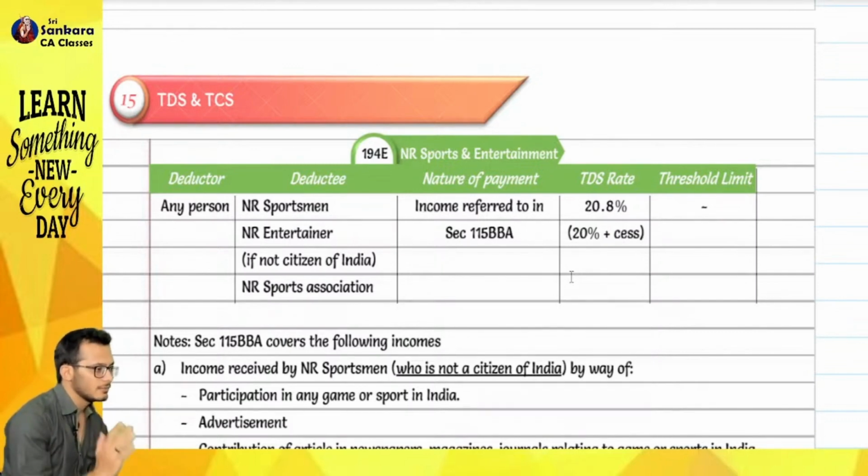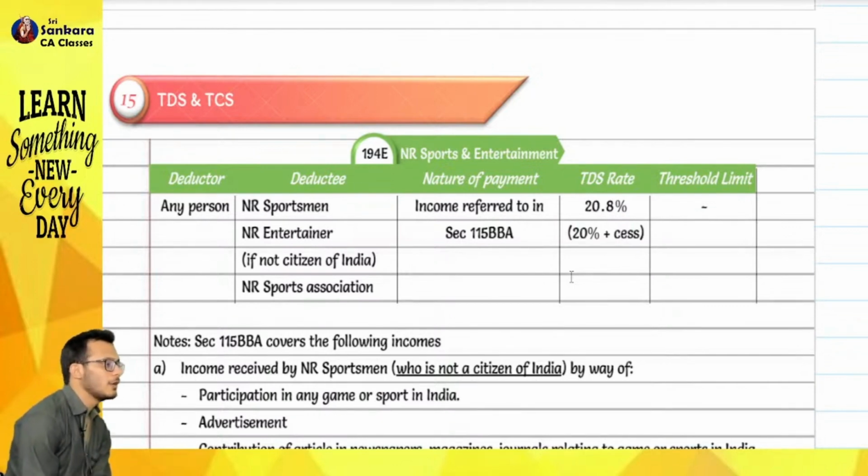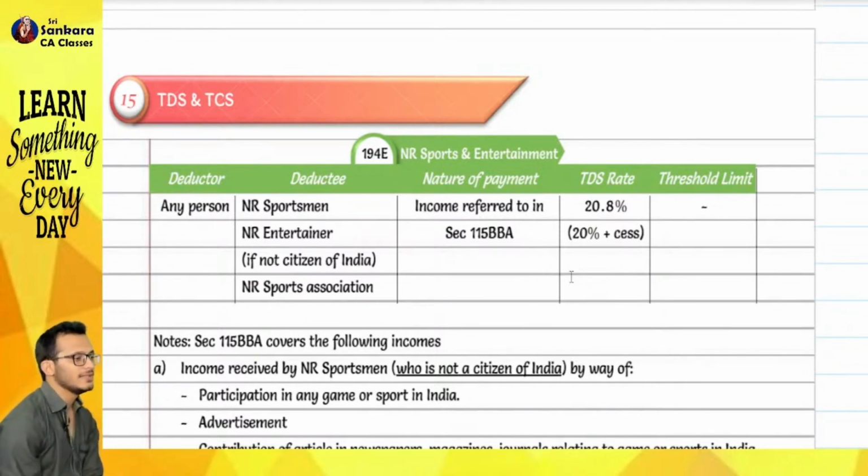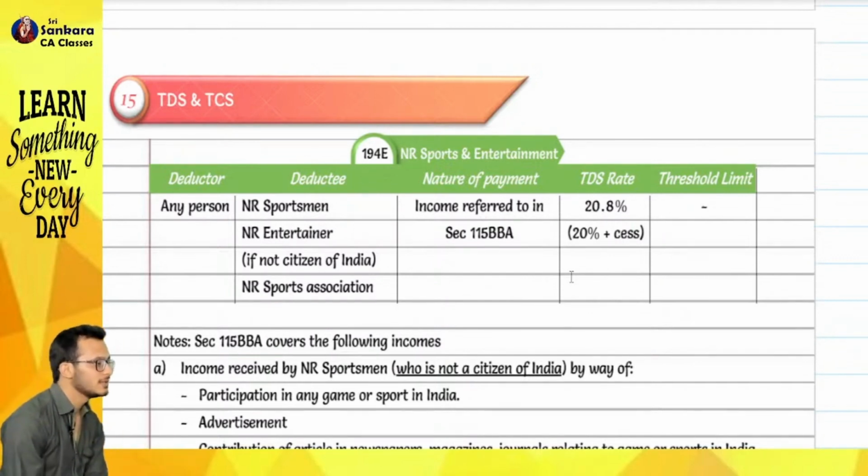Deduct TDS in December or March, whichever is earlier. So basically, you have to deduct TDS on the last rent payment for the year or the month in which you exit the property, whichever is earlier.